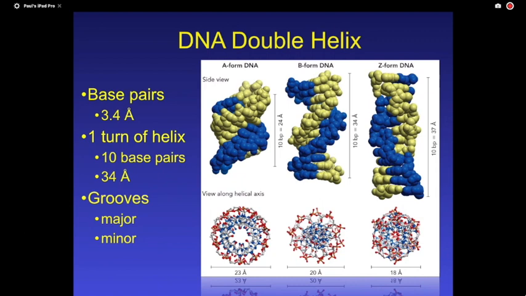And what base pairs are there can make binding pockets that are unique. Depending upon which version of the DNA, you can get slightly different measurements. The distance between base pairs, 3.4 angstroms, is based upon the B form, and it takes 10 base pairs to make one full turn of the helix.